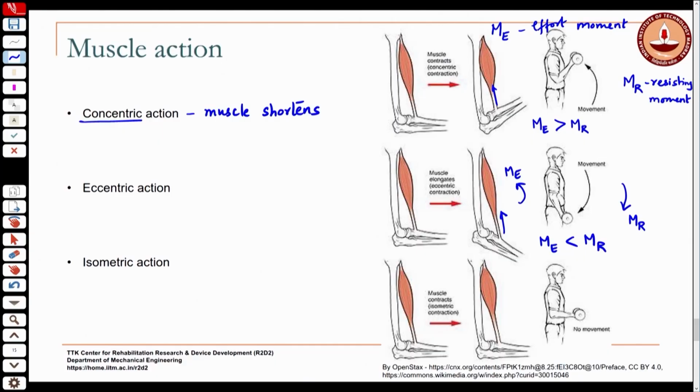The muscle itself cannot lengthen on its own, so there has to be an external load. And then the third kind of action is your isometric contraction. Here the moments are equal and there is no movement about that joint.